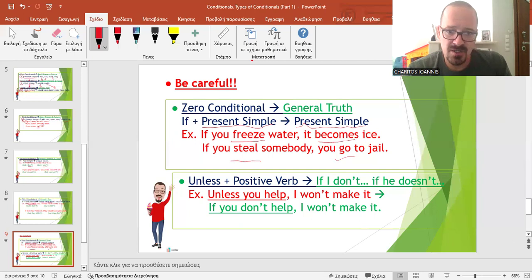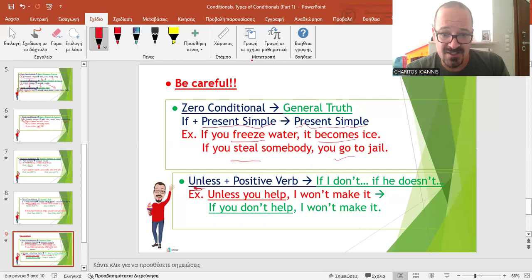Another interesting word that involves a hidden if sentence is unless. After unless, because that un is negative, so it's as if I have not in it, I need a positive verb. So unless means if I don't, if you don't, if he doesn't, if she doesn't. For example, I can say, unless you help, I won't make it.